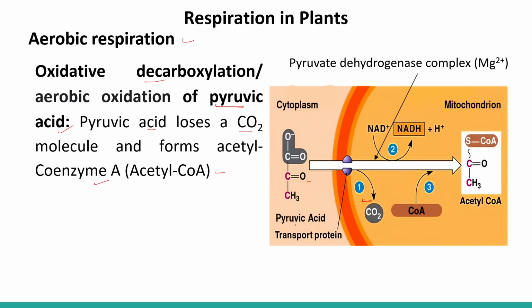You can see here pyruvic acid, which was produced in the cytosol, enters the matrix first. This is the matrix of the mitochondria. Here coenzyme A is added, carbon dioxide is released and NAD+ is converted into NADH.